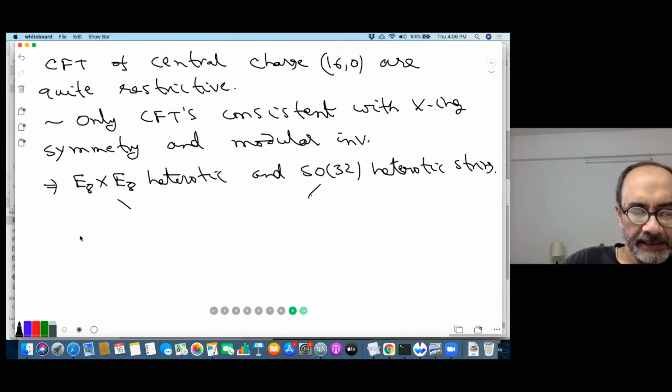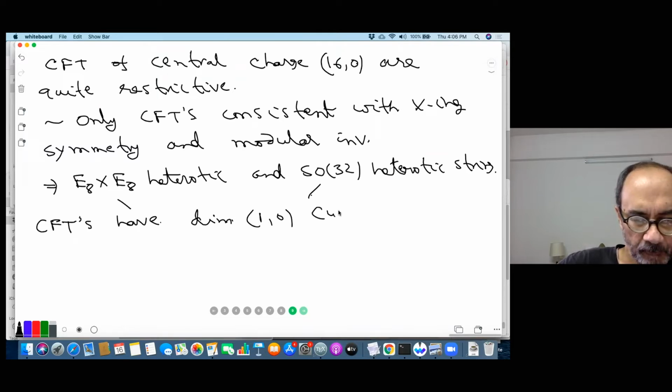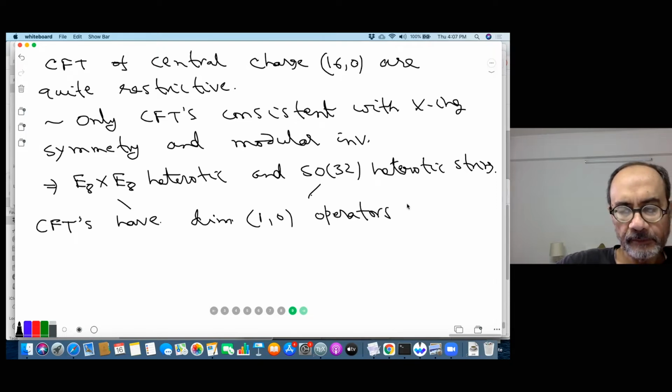They essentially come from the fact that both the CFTs have dimension 1,0 currents. Okay, these are operators. Currents by definition, dimension 1,0 or dimension 0,1 operators are called currents. Satisfying the following relation.